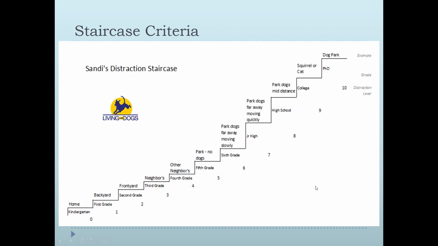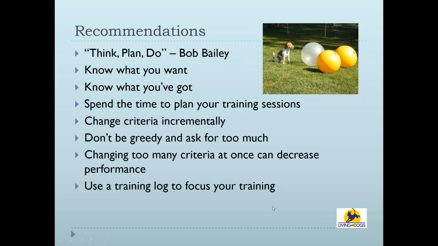Sometimes we get greedy and we jump up a little too fast. You go up 2 or 3 stairs when your dog isn't ready for it. Or, dogs can have good days and bad days. So again, 2 steps forward, 1 step back. Sort of a normal process.